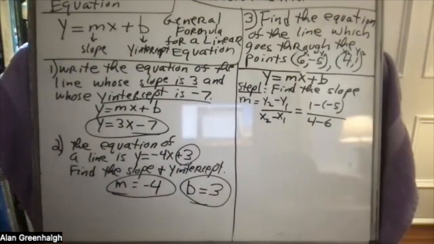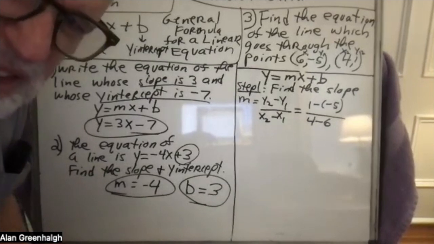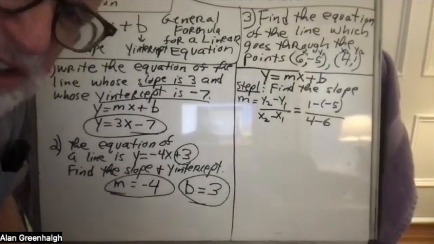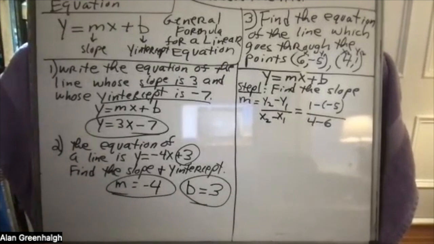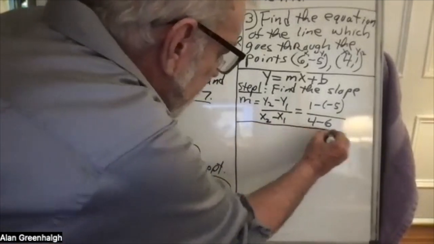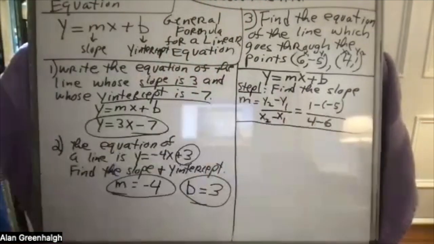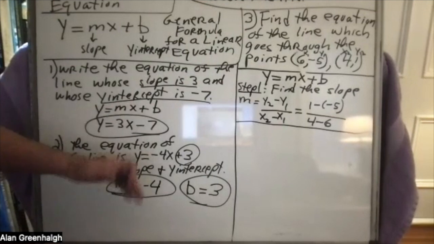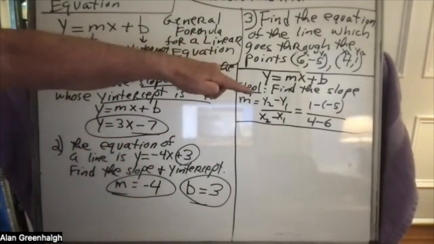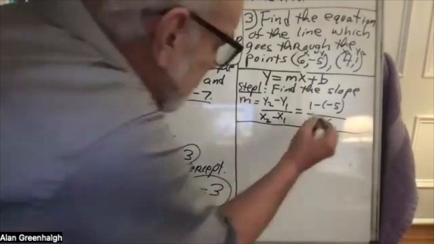Okay, now the toughest part of these problems that students have found is dealing with these signed numbers. Students who are weak with signed numbers, this is where the problem comes in. So be very careful.